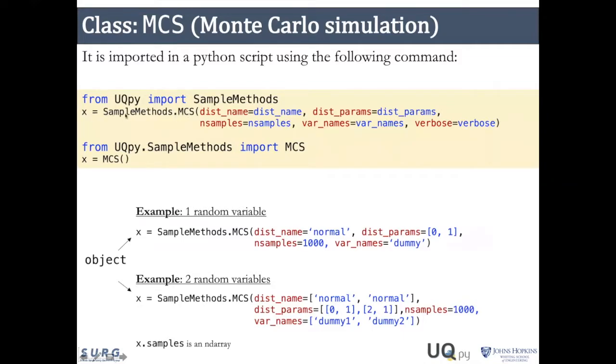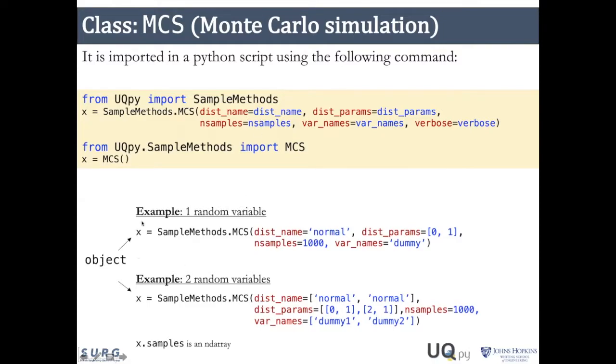For example, here, x equals sample methods dot Monte Carlo simulations, and provide all the required input parameters. Now, x here in this case is an object. The other way to do this is by importing directly from the sample methods module the method, the Monte Carlo simulation. In this case, x is equal to Monte Carlo simulation, and again by defining all the input parameters.